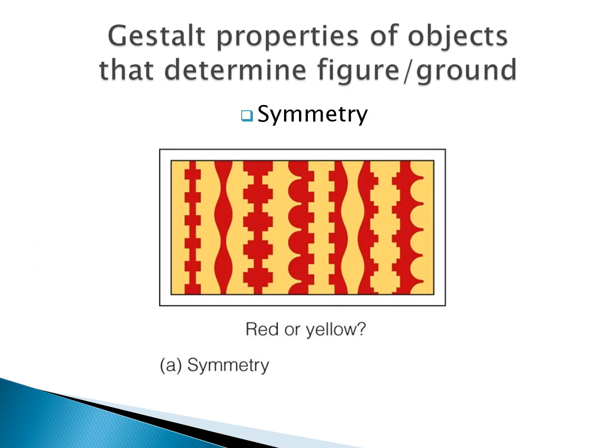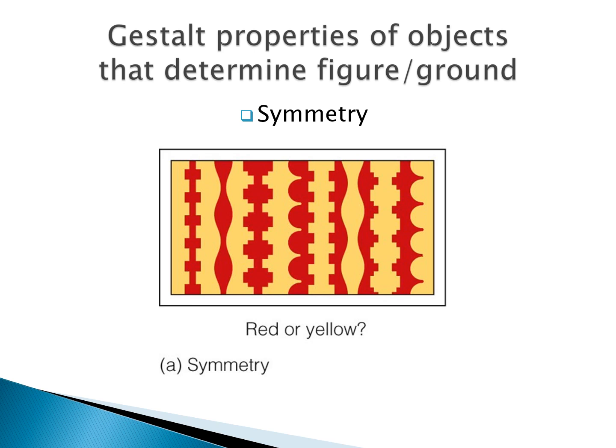So which is the figure? Which do you see as the figure? Red or yellow? You can see that what I'm getting at is the symmetry. That symmetry helps us figure out the figure. A lot of people initially say red, and then a few people say yellow, and then someone says, wait, it changes.